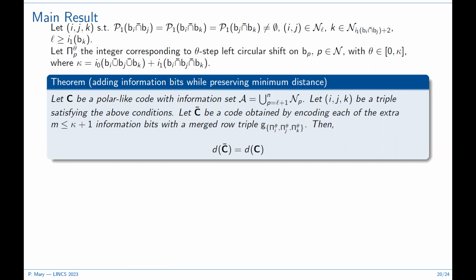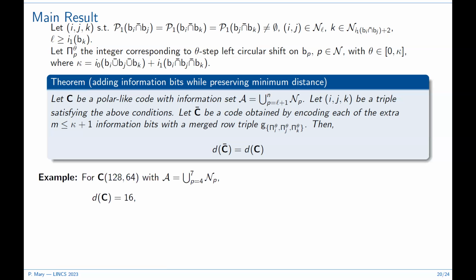So by considering some triples with common 1 bit position and a theta left circular shift of the binary representation, theta belonging to the interval 0 to kappa, where kappa is the summation of the number of common 0 of the binary representation of the triple plus the common number of 1 of their binary representation, then we can add up to kappa plus 1 information bits by merging the original row triples and the theta left circular shifts of this row by keeping the same minimum distance.